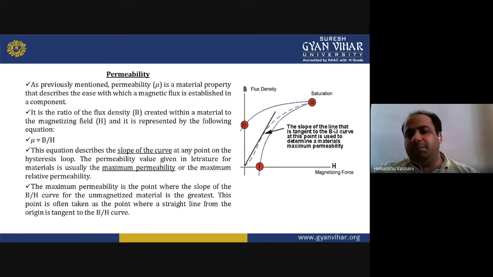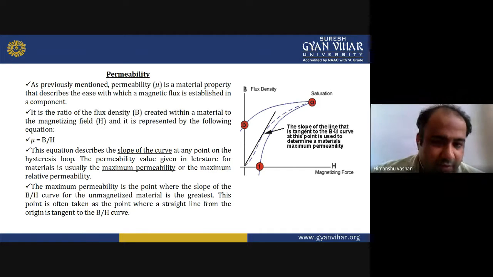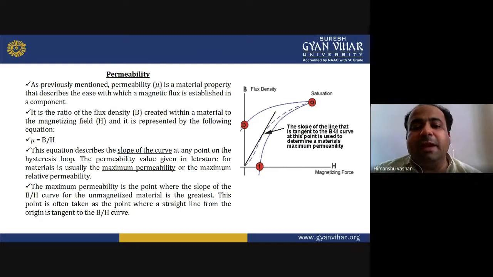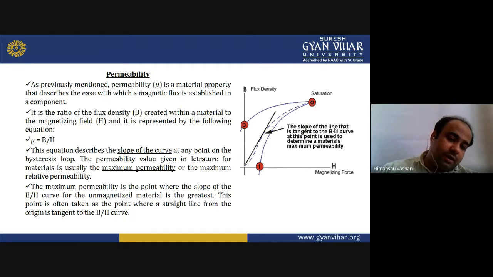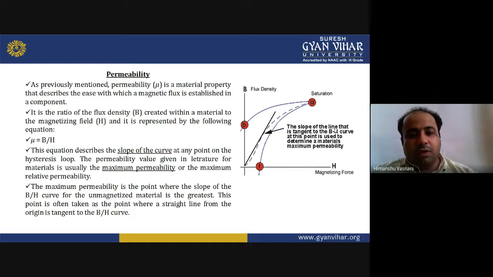The maximum permeability is the point where the slope of the BH curve for the unmagnetized material is the greatest. Here the permeability is greatest.